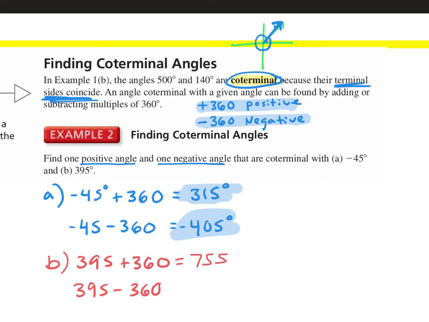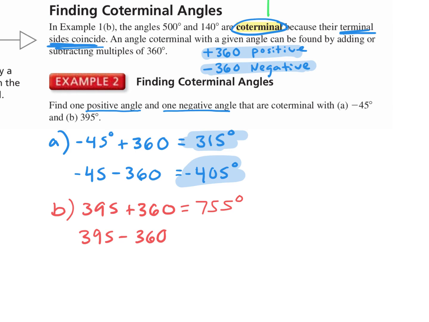Yes, 755. What's 395 minus 360? 35. So this question asks for a positive angle and a negative angle. Do we have a negative angle here? Or one of these negative?